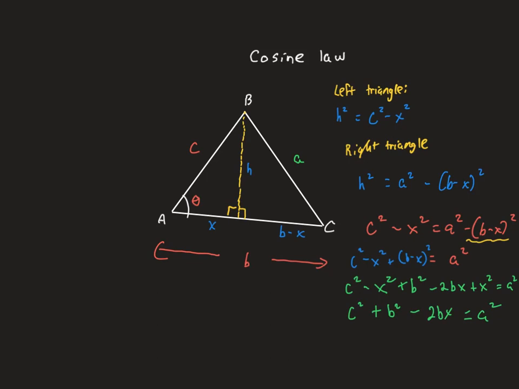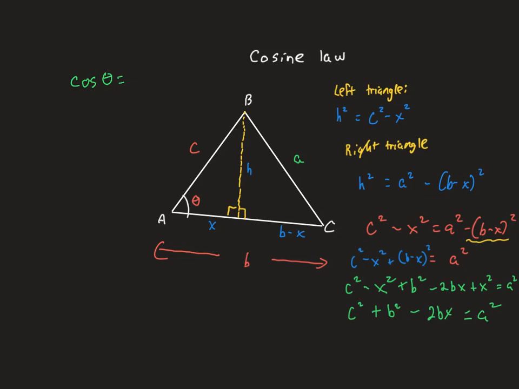Now, in the leftmost triangle, let's say my left triangle here, if I wanted to say cosine of theta, well, opposite over hypotenuse, if using SOHCAHTOA.